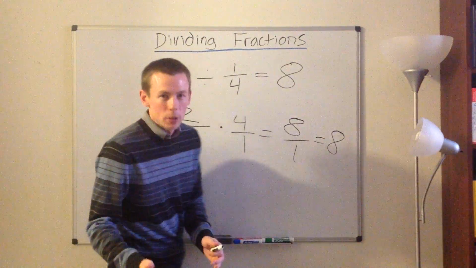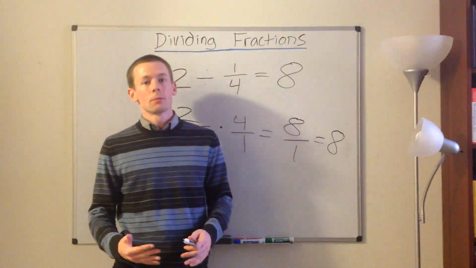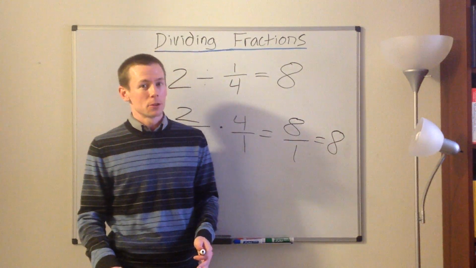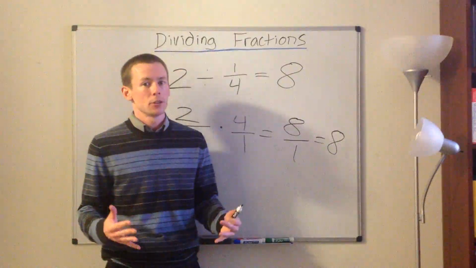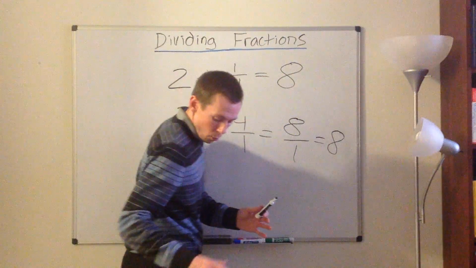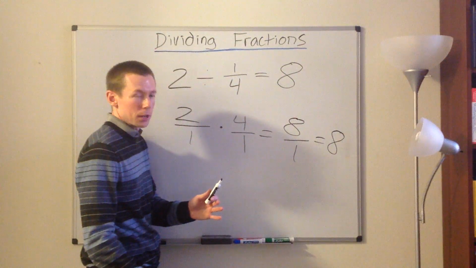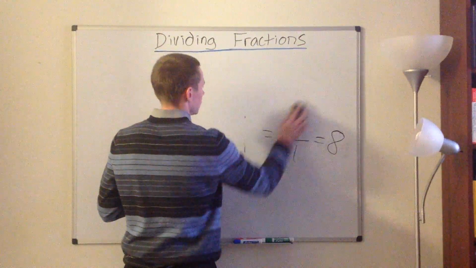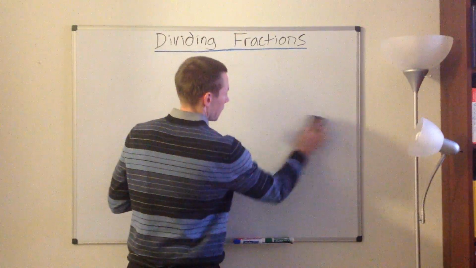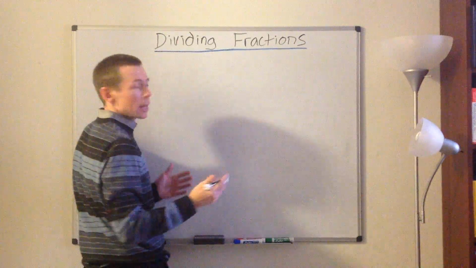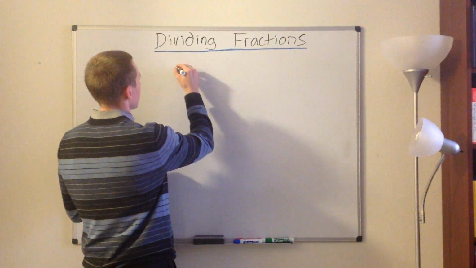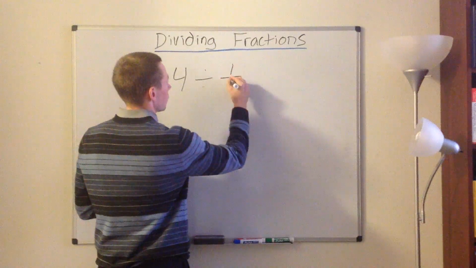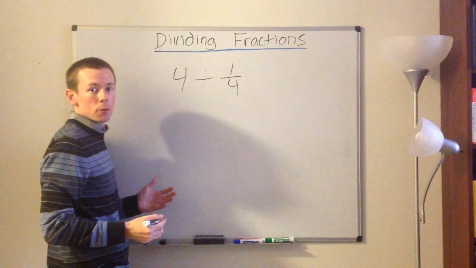But obviously you don't want to do this every time, and you don't even want to do this one more time necessarily after you've seen this demonstration. You want to be able to just go straight into it. So let's look at a problem where I won't use any Cheerios. Let's look at maybe 4 divided by 1/4.